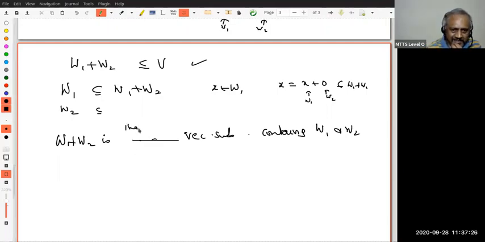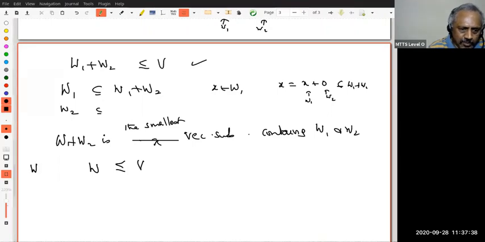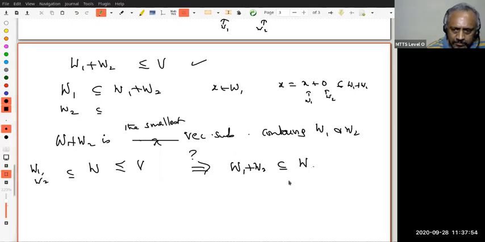Yes, it's the smallest vector subspace containing W1 and W2. To prove that, what should I do? Let W be a vector subspace of V. Assume W1 and W2 are contained in W. Then what should I prove? I want to say this is the smallest vector subspace containing W1 and W2. Therefore, what should I say? W1 plus W2 is contained in W.